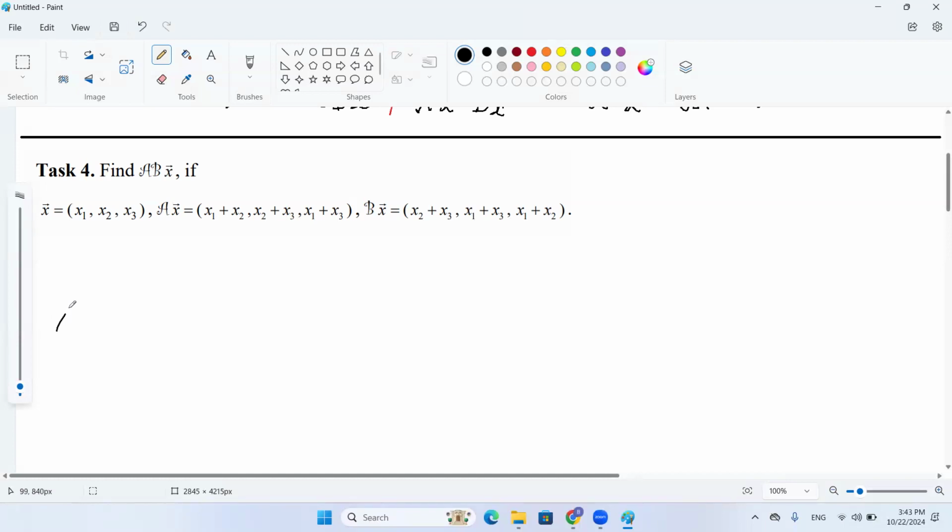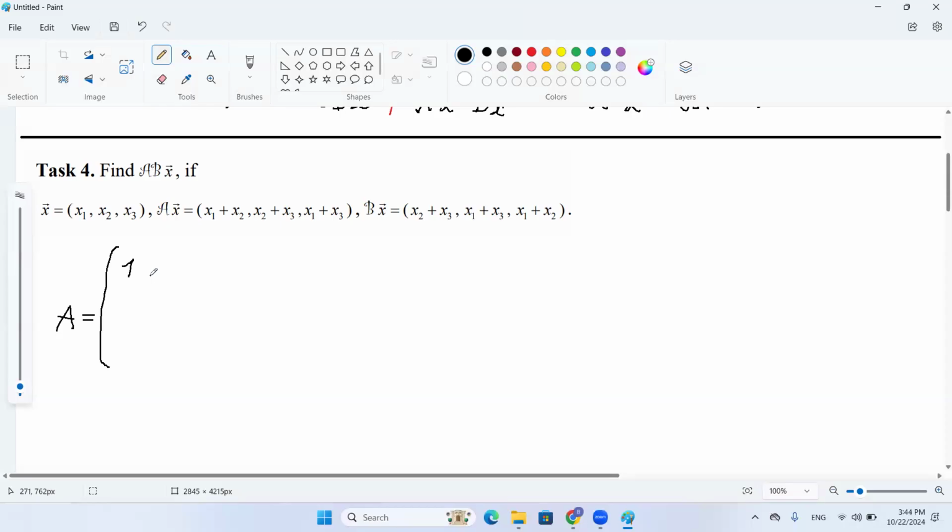Okay, we will rewrite them in matrix form. So how to do it? Basically, we take each element of the vector and write it as a row of the linear operator matrix.